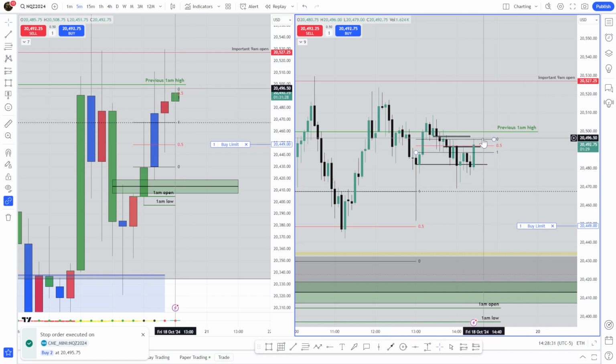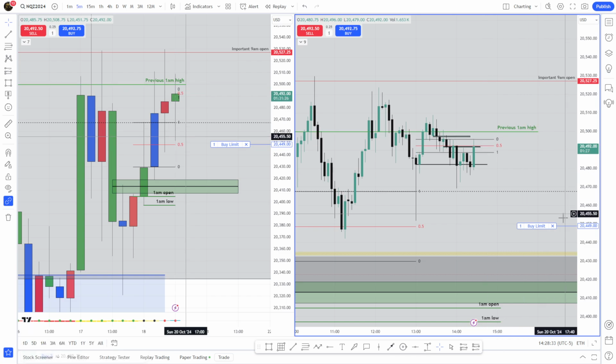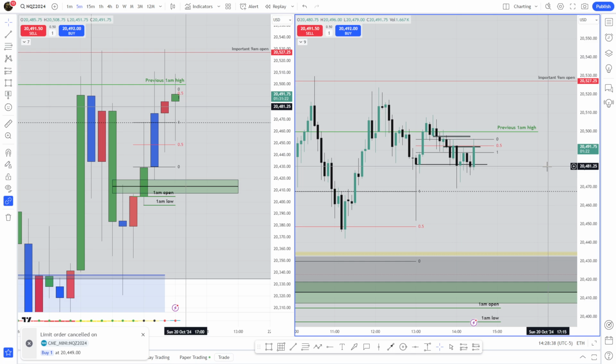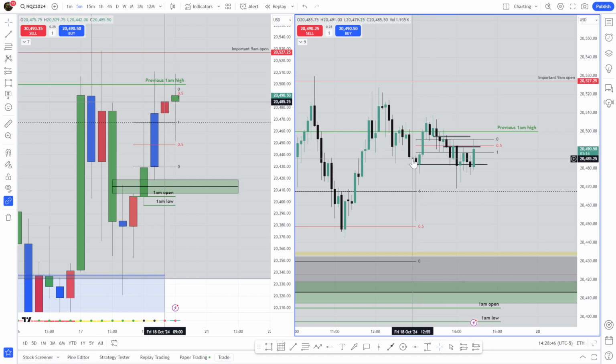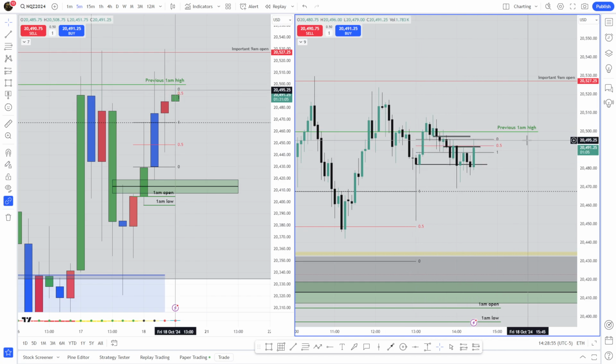we ran these equal highs. I'm gonna get rid of this buy limit. Here's the opening price of this 1 p.m. candle, and look what we've done this whole time, just stayed within this range. Okay.